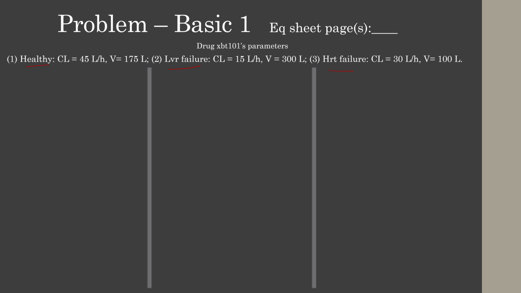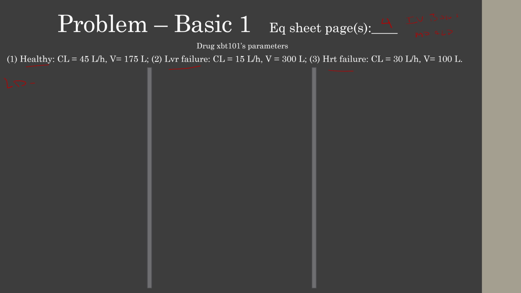So let's do the calculations. What are the loading doses and maintenance doses for each of these? They can be found on page 4, where we are looking at IV bolus, maintenance dose, and loading dose. So let's calculate loading dose first.